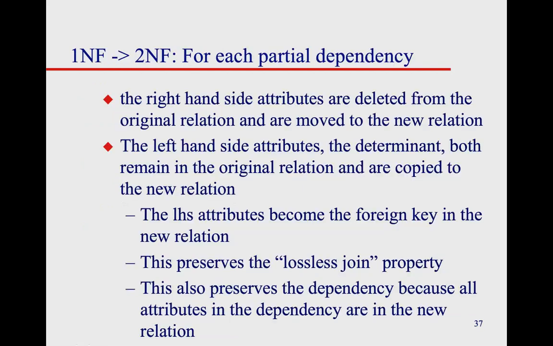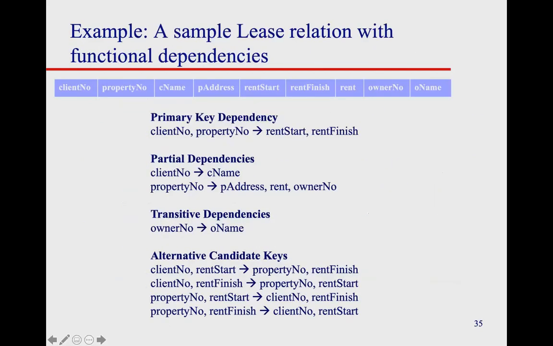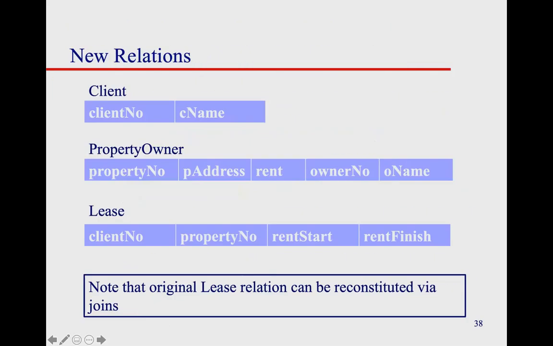So while if you just looked at it, this was the set of attributes on the right-hand side, it is also the case that owner number determines owner name. So we also had to move the owner name into the property owner relation. So any attributes that are part of a transitive dependency also need to move along into the new relation.